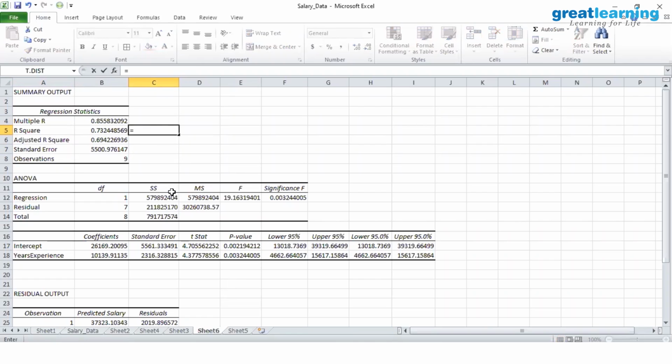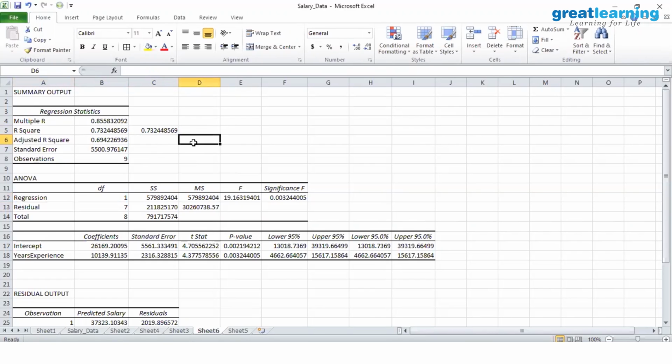R squared is always given by how much did my regression explain of the total. Excel has an inbuilt function to solve it, but still, you should know what an R squared is. Of the total regression and residual, how much was my regression able to explain?